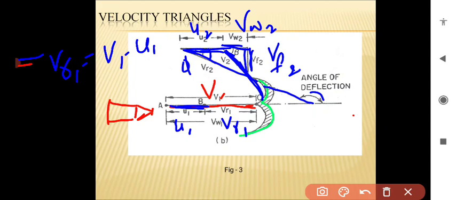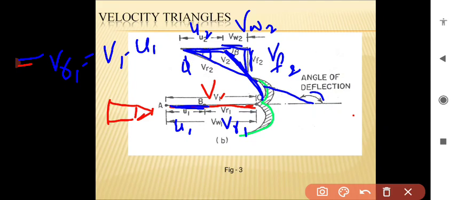We know that V1 is the velocity of the jet at inlet, U1 is the velocity of the blade at inlet, VR1 is the relative velocity at inlet, and from the inlet triangle the relative velocity is VR1 equal to V1 minus U1.